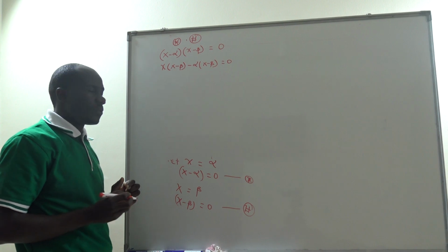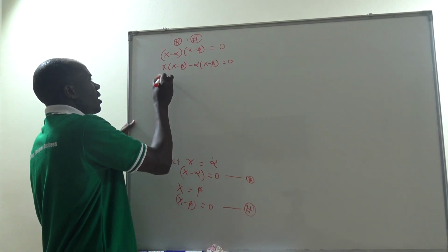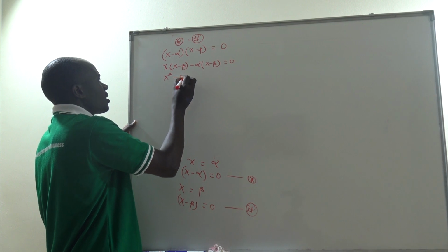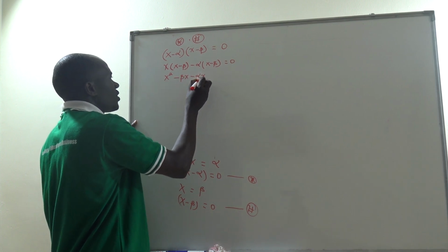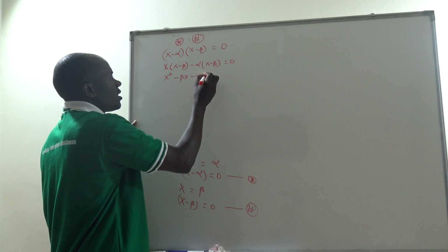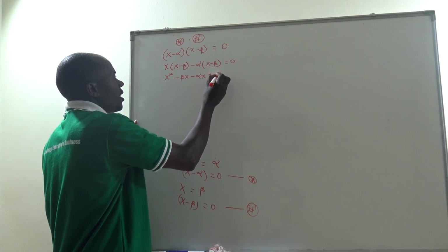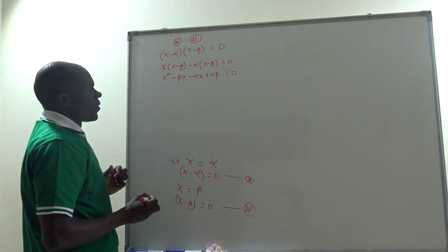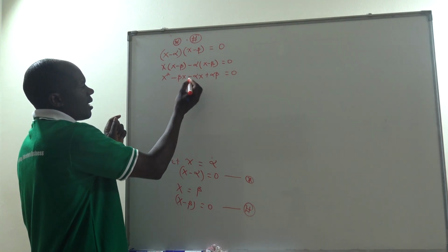So can we open together? x times x, we are coming out with x squared minus beta x minus alpha x. A negative times a negative, we are coming out with positive alpha beta equals 0. Then from there, we collect like terms here.